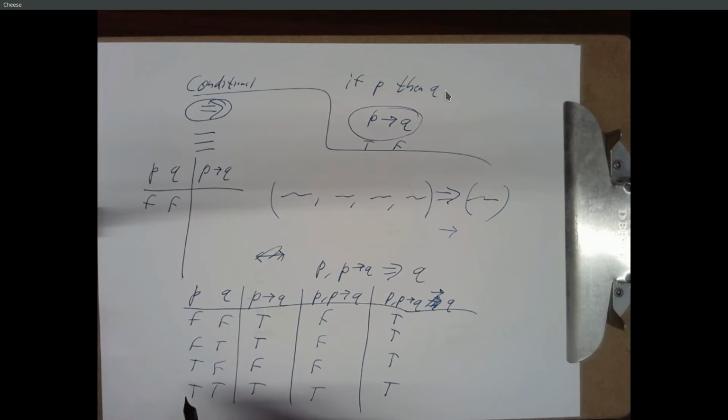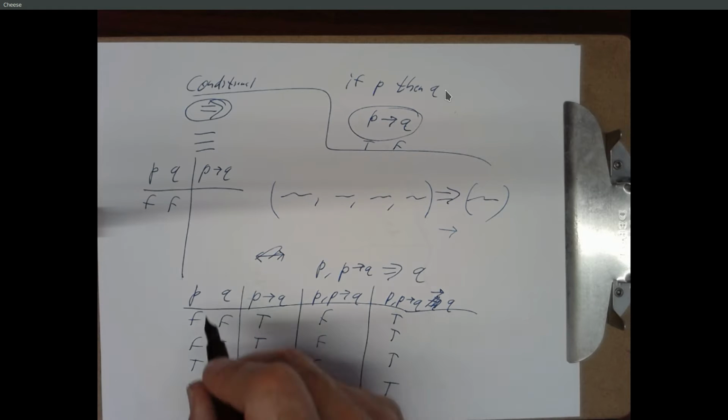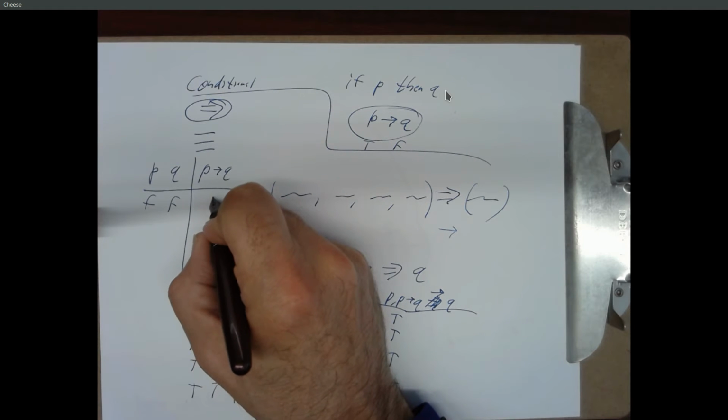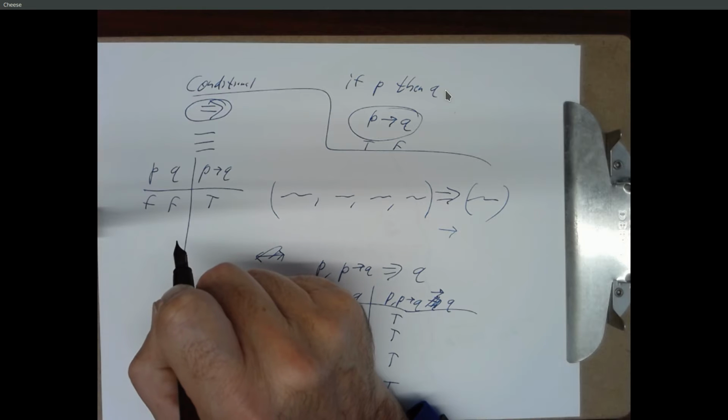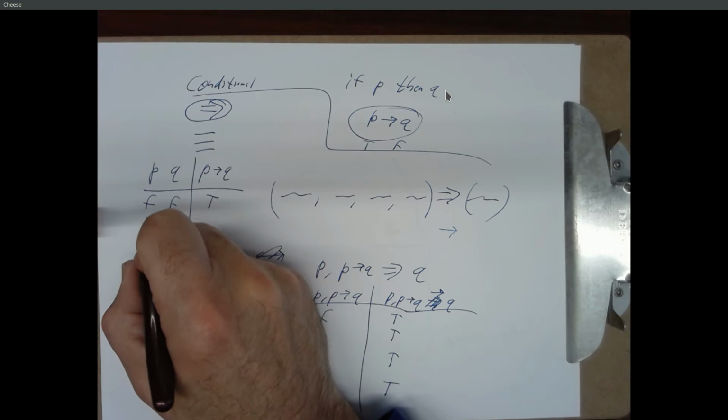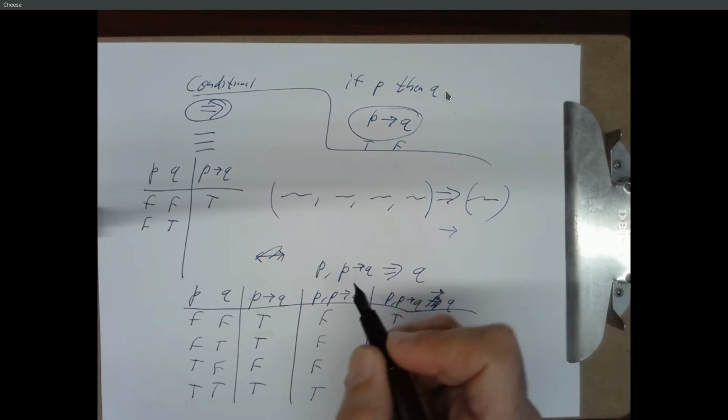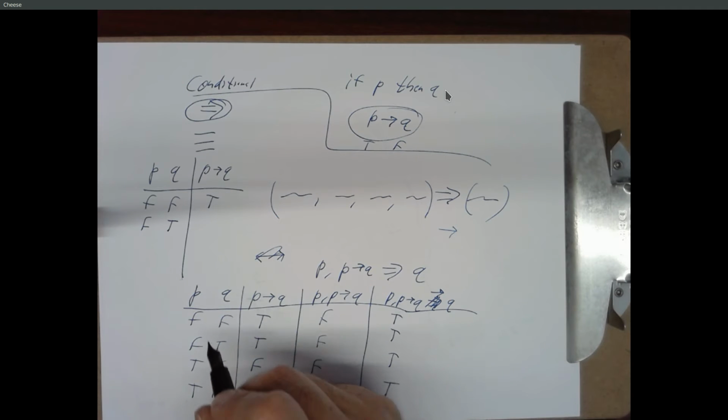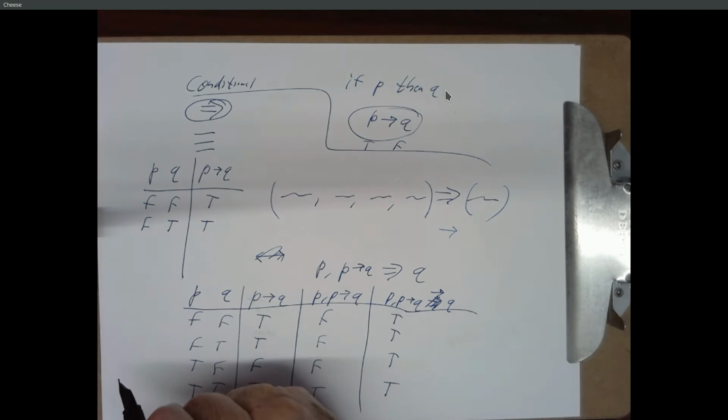If the hypothesis is false and the conclusion is false, technically the statement if P then Q is considered true. If the hypothesis is false and the conclusion happens to be true anyway, this is still considered to be true. So that's the second row, so the conditional is true.